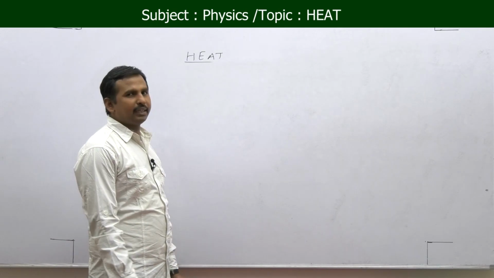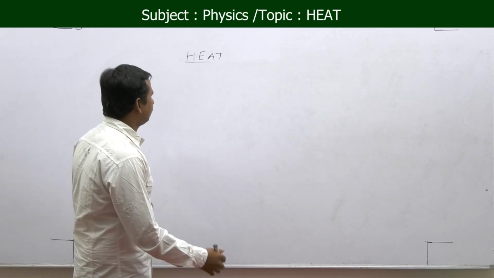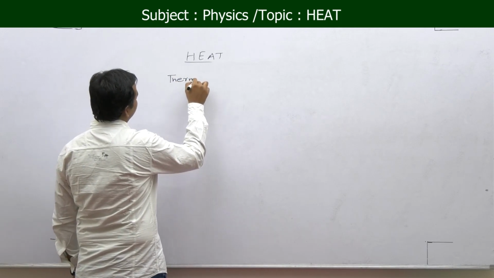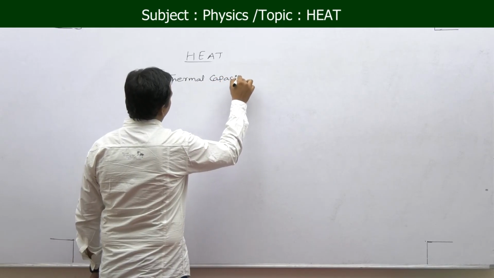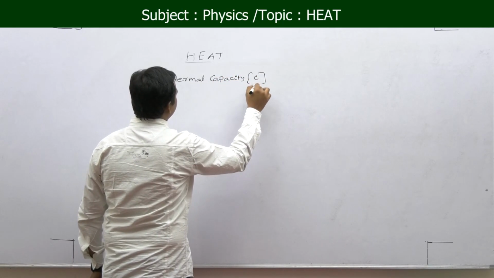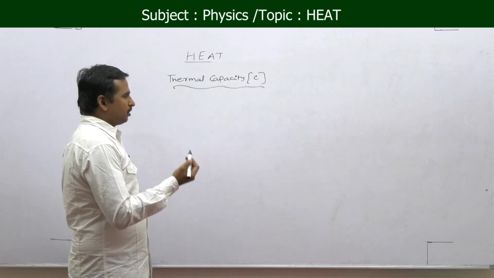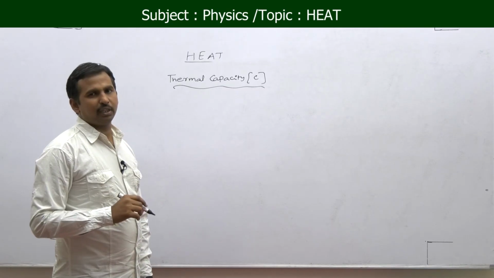And along with the latent heat capacity and the specific heat capacity, we have one more, that is called thermal capacity or heat capacity, represented with C. Thermal capacity is the same as specific heat capacity, but here we are not considering the mass as unit.